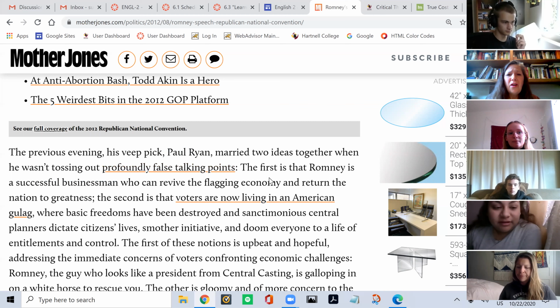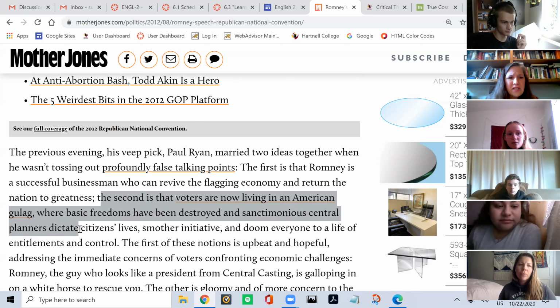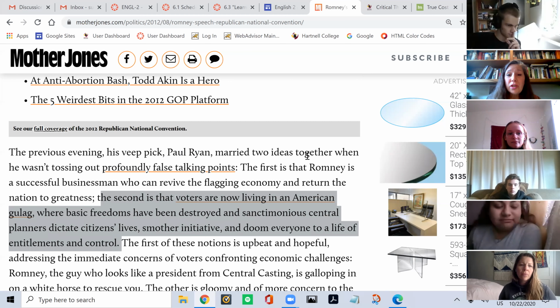And then, of course, Ryan did not say these things. Voters are now living in an American gulag where basic freedoms have been destroyed and sanctimonious central planners dictate citizens' lives, smother initiative, and doom everyone to a life of entitlement and control. Can you imagine Paul Ryan saying that in his speech? Of course not. He didn't.